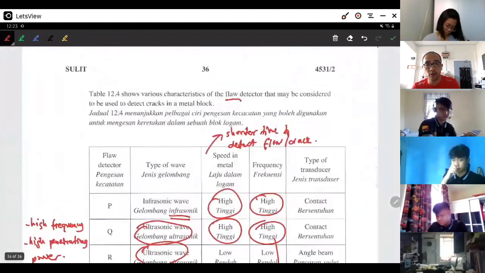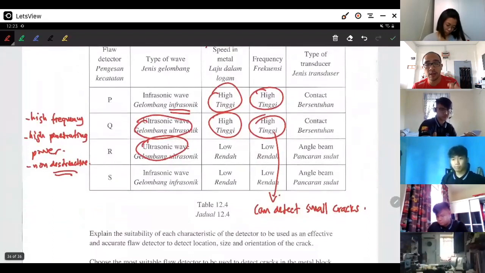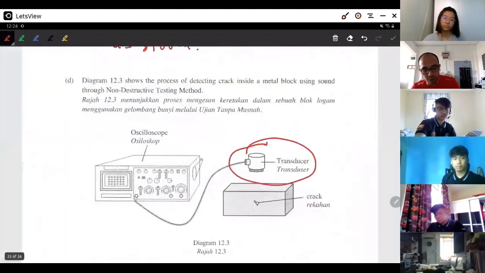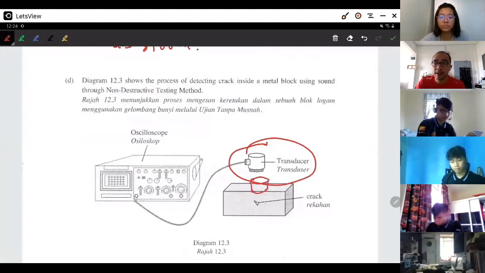So do we want it to be in contact or angle beam? Do you know what's the difference between angle beam and contact? Okay, contact means you put the transducer right on top of the block. If you put it here, you put it on top. Like a doctor and the stethoscope. The doctor puts the stethoscope right at your chest.